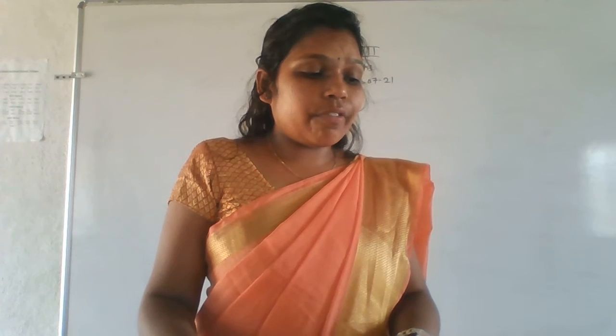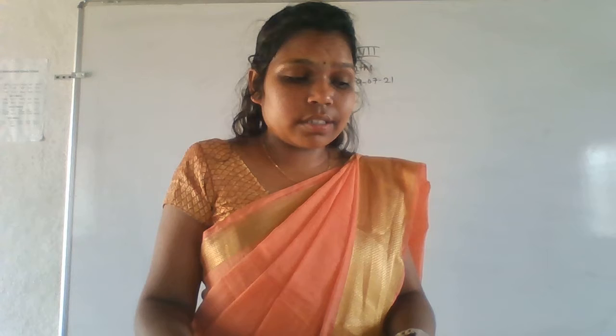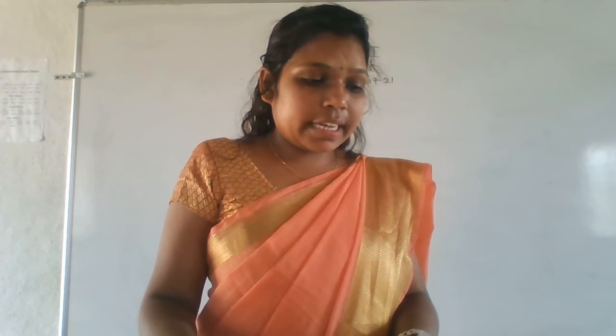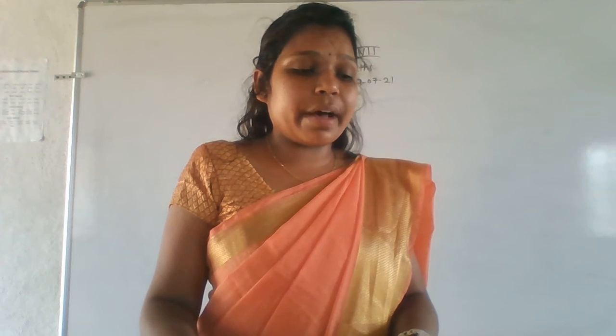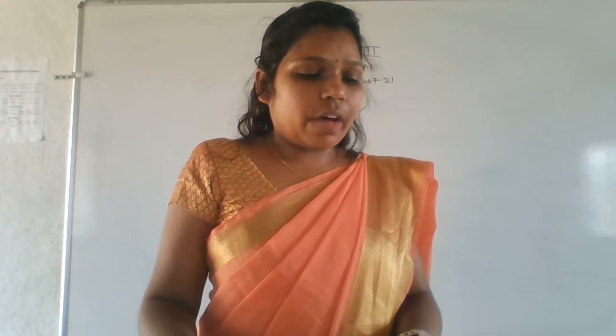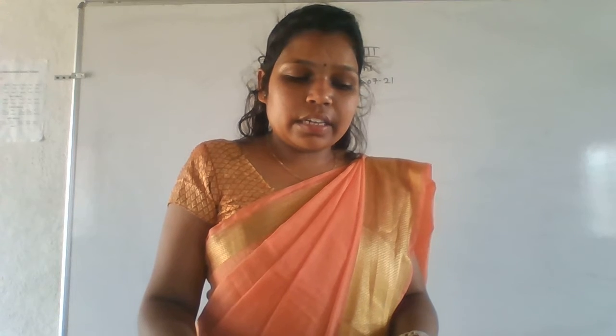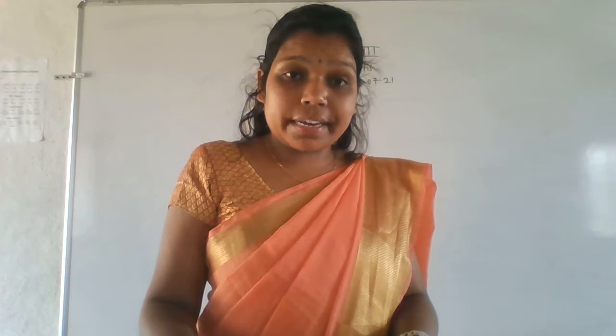Write 5 pairs of integers a comma b such that a divided by b is equal to minus 5, where one such pair is minus 25 comma 5, because minus 25 divided by 5 will be minus 5.